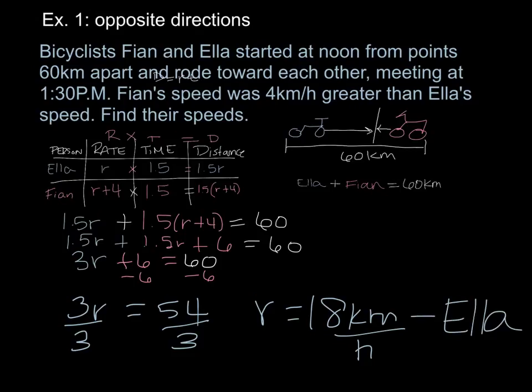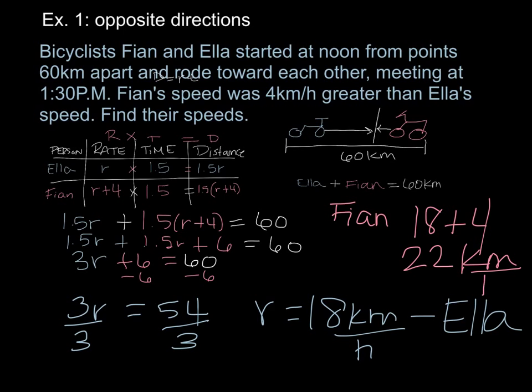And then to find Fionn's rate, his was Ella's rate, 18, plus 4. So Ella's rate plus 4 is Fionn's here. So Fionn has a rate of 22 kilometers per hour.